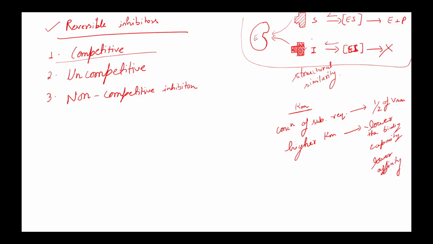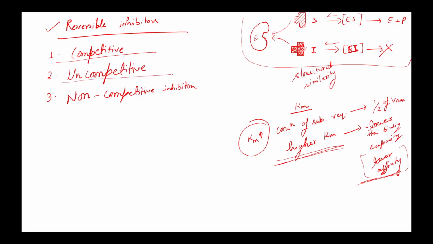So here also, in presence of inhibitor, because it is the structural analog of substrate, the affinity of substrate towards the enzyme becomes lower. That's why the Km value in this reaction gets increased. Okay, Km value gets increased in competitive inhibition.